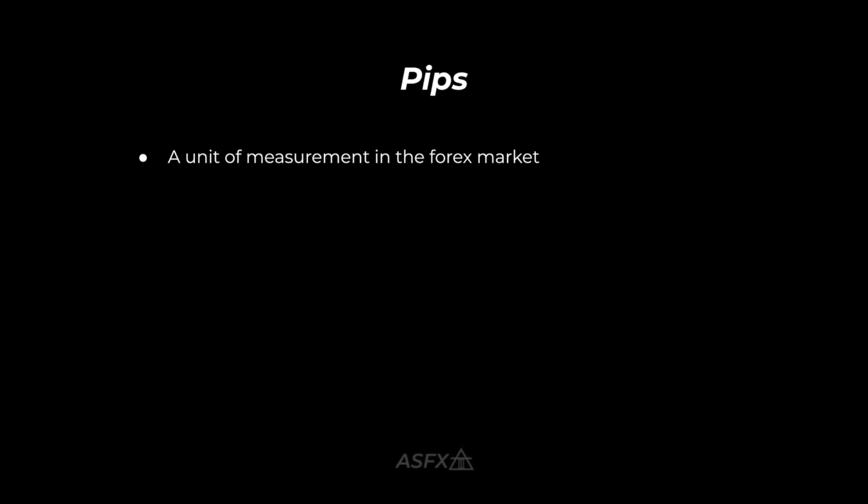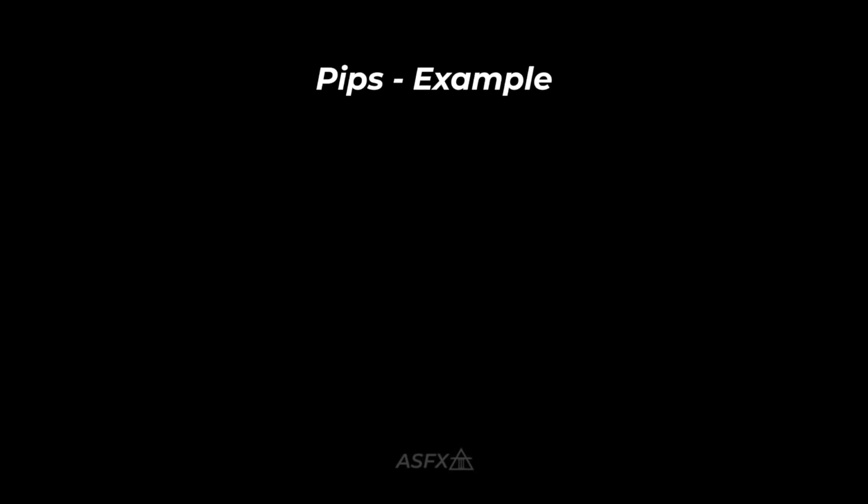Pips. This is basically the way that we measure movement in the Forex market. When we talk about trading stocks, you always talk about it in terms of dollars and cents. In the Forex market, you use the word pips to measure price movement instead. So the easy example that I can give you is if we have Euro USD quoted at 1.12345 with those 5 decimal points, right?